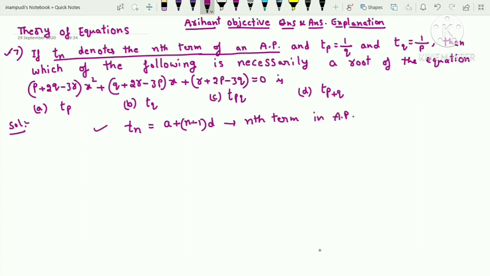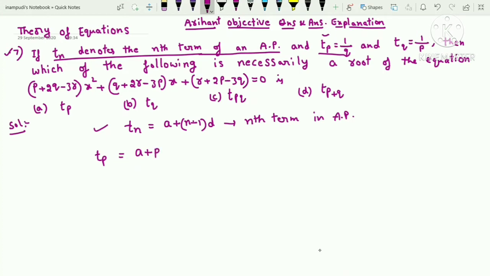In this way, we can write Tp also. Tp means the pth term. That means Tp is equal to a plus (p minus 1) into d, with p in the place of n.